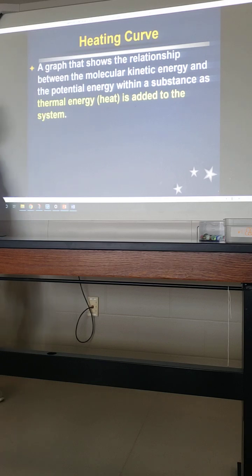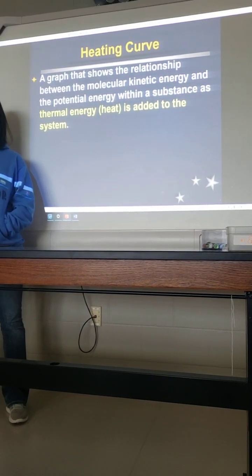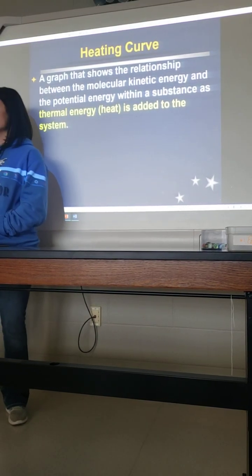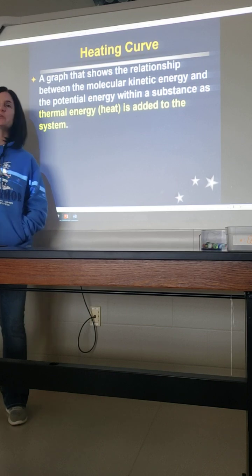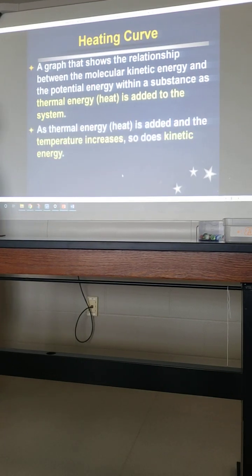And so we know that by adding or taking away thermal energy, that's how we can make these states go from one to another. And so since these are heating curves, we're gonna be adding thermal energy. We're gonna be putting heat into the system. And remember, thermal energy is just heat. So as we add heat, the temperature increases and so does kinetic energy.